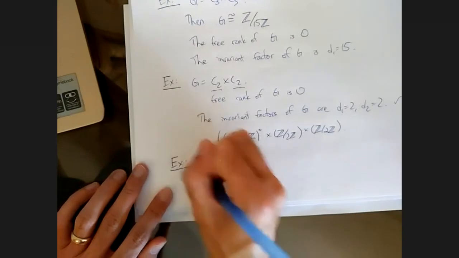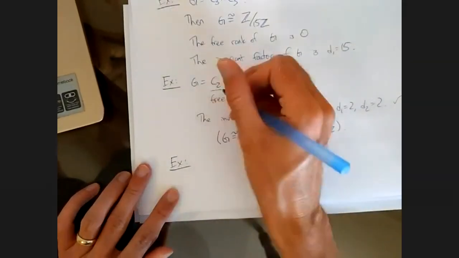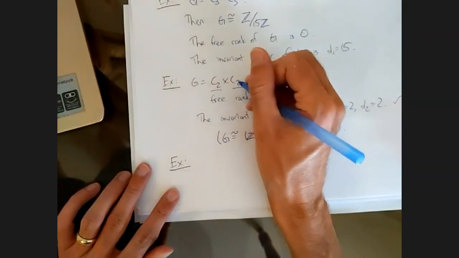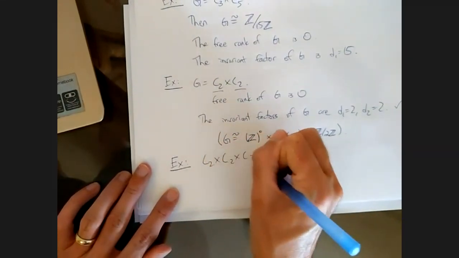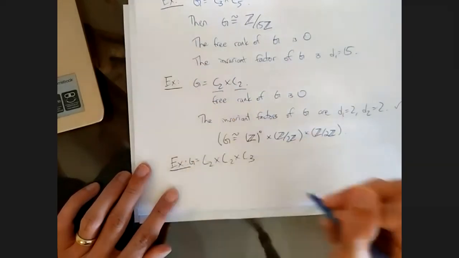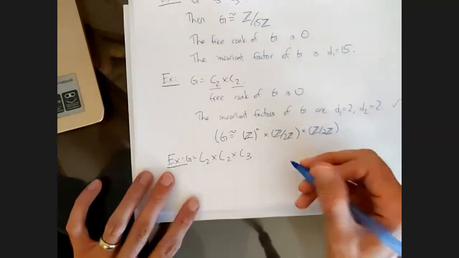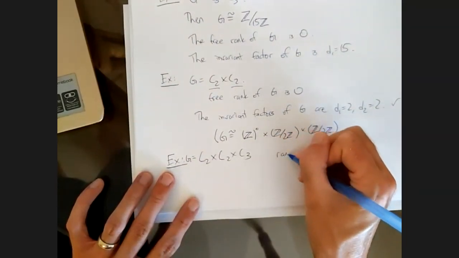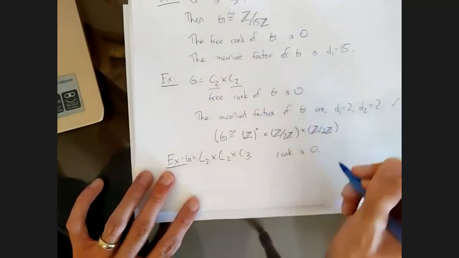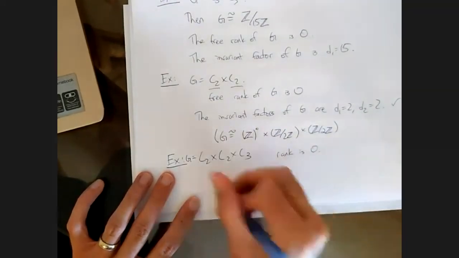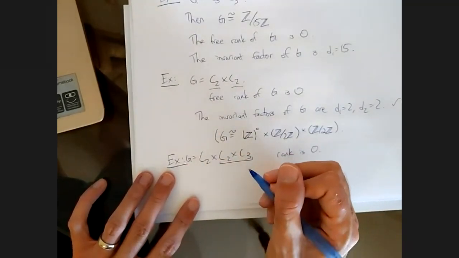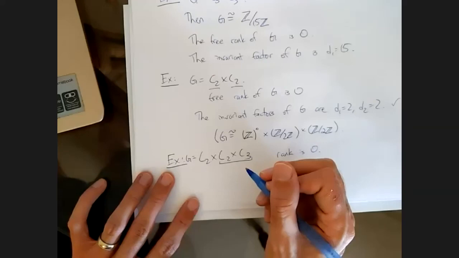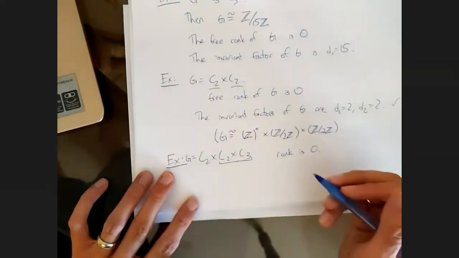As another example, we could do C2 cross C2 cross C3. Again, the free rank is 0. And actually we have C2 cross C3 is isomorphic to C6, or in other words, Z mod 6Z.